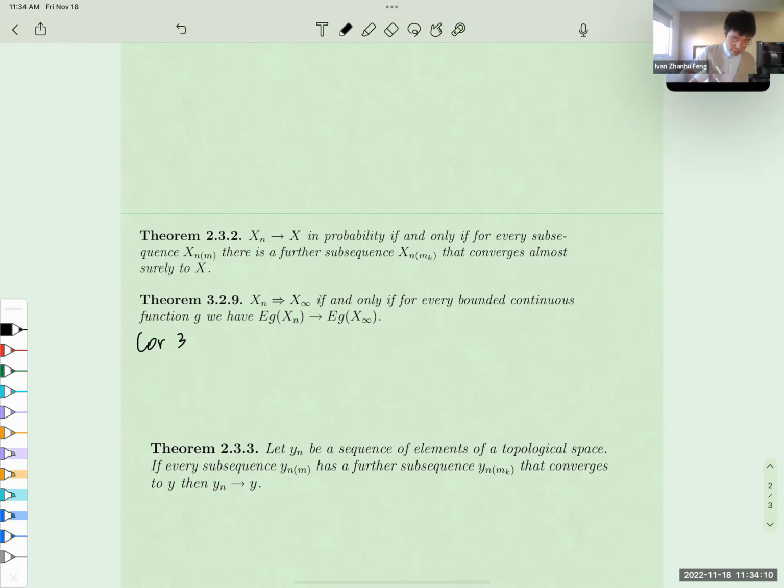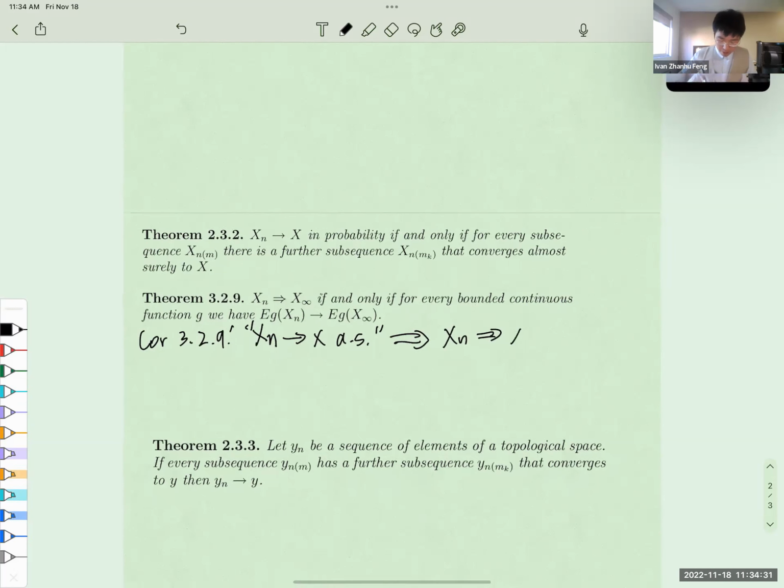Let's call this corollary 3.2.9 prime. It says, if we know Xn goes to X almost surely, then we can deduce that the same sequence of random variables Xn goes to the same limit X in distribution, meaning weakly.